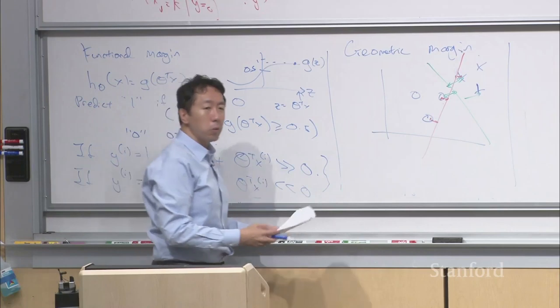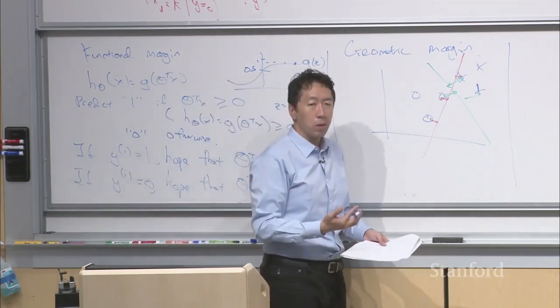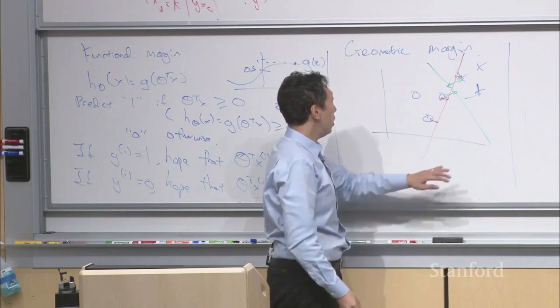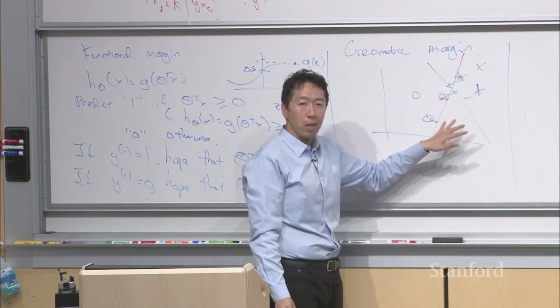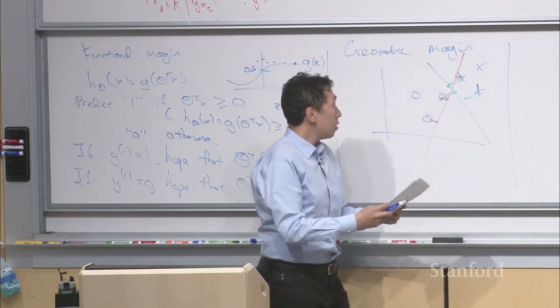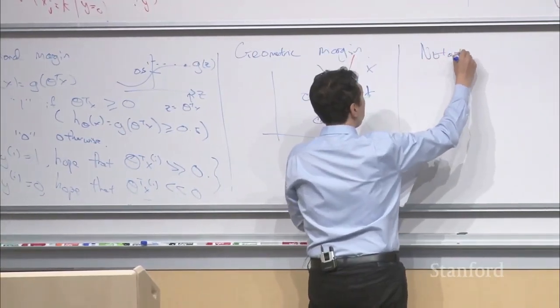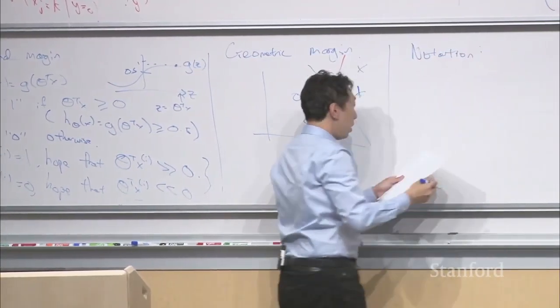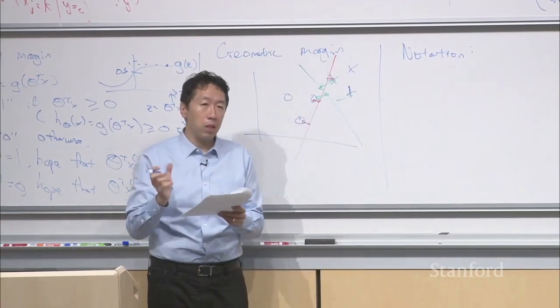What the rudimentary SVM does, what SVM in low dimensional spaces will do, also called the optimal margin classifier, is pose an optimization problem to try to find the green line to classify these examples. Now, in order to develop SVMs, I'm going to change the notation a little bit again.